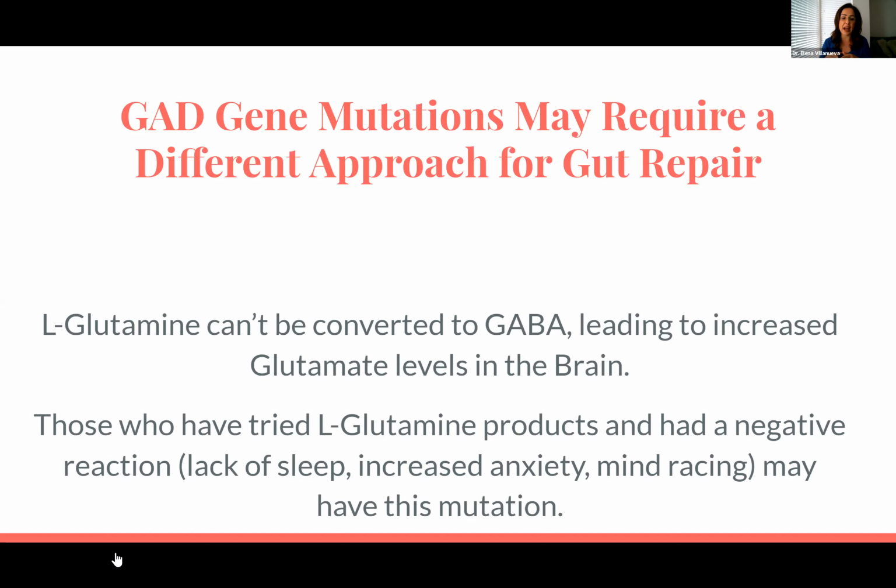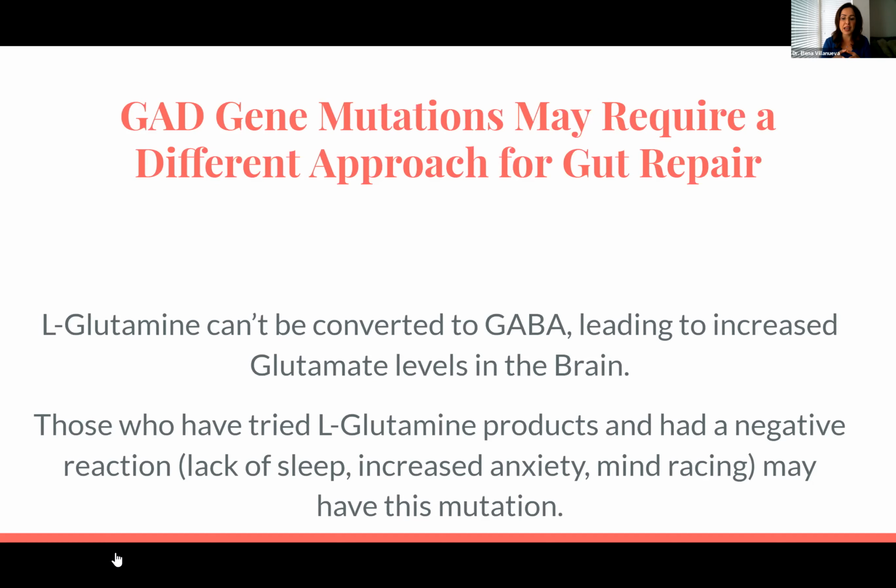Because if they have a GAD mutation that is a homozygous mutation, and those genes are malexpressing, if the client is taking any type of L-glutamine based product, which are commonly found in gut repair products, they may very quickly notice that they have increased agitation, increased anxiety, and that they're not able to sleep.